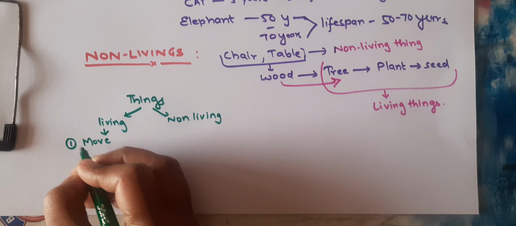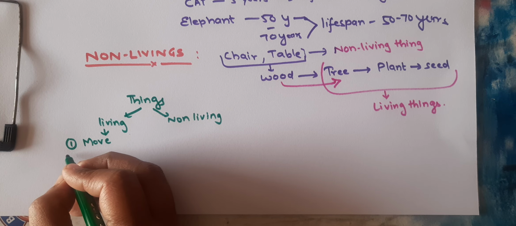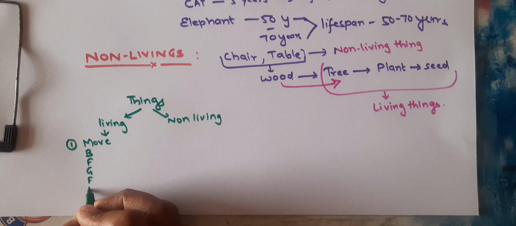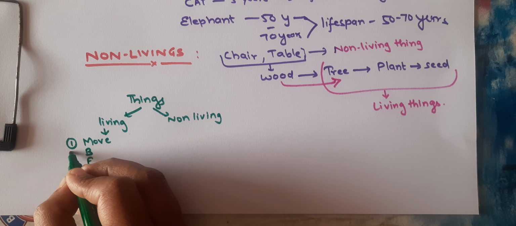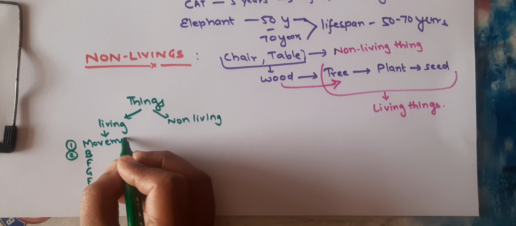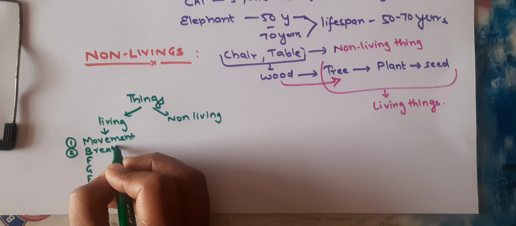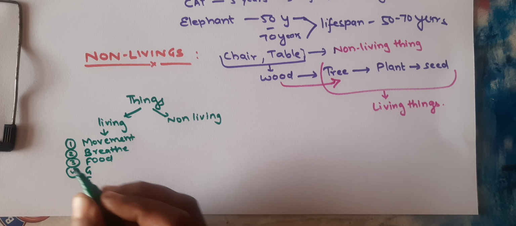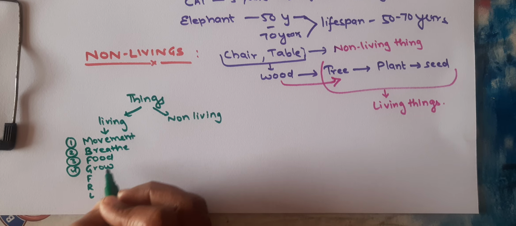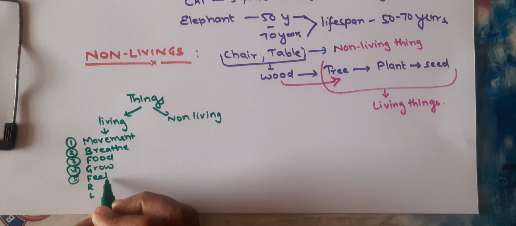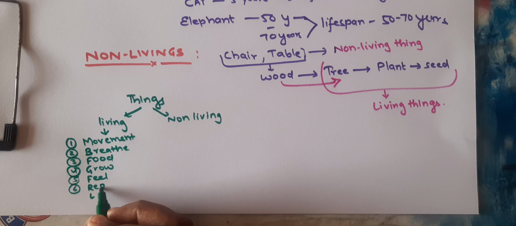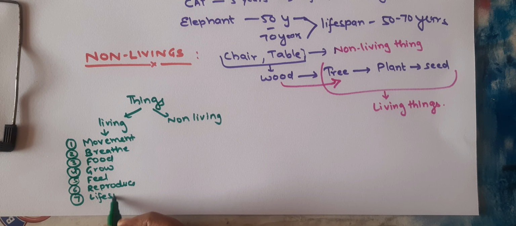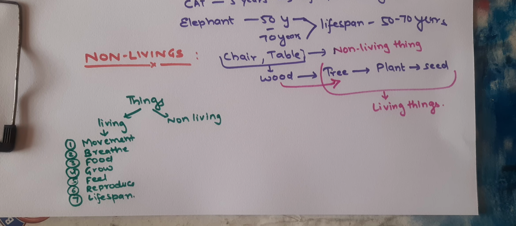I will remember it from my best friend, so I will write: my best friend got first rank luckily. First is movement, second is breathe, third is food, fourth is grow, fifth is feel, sixth is reproduce, and last, living things have a lifespan.